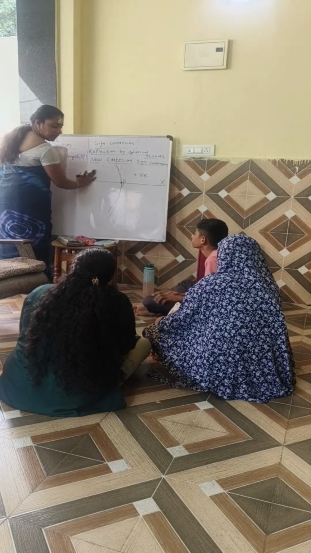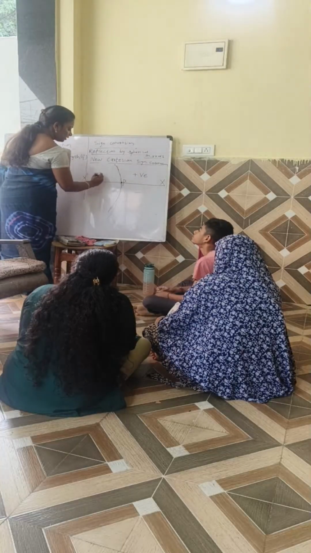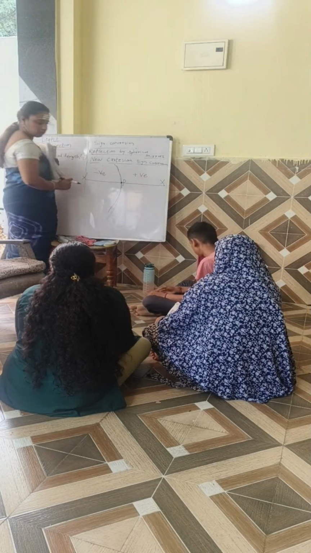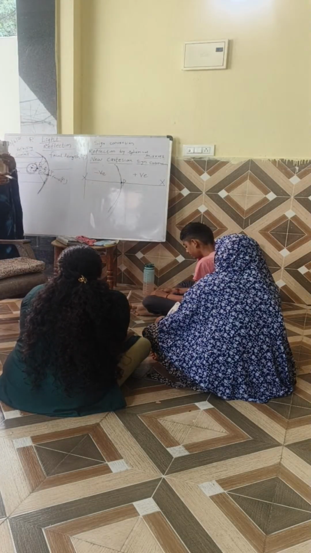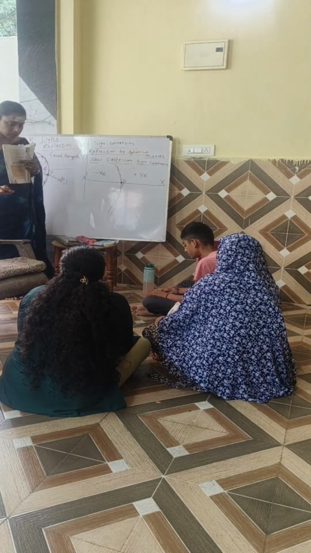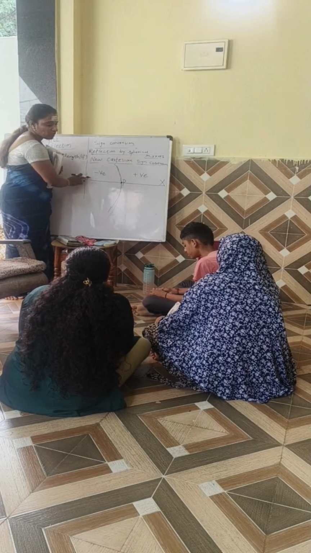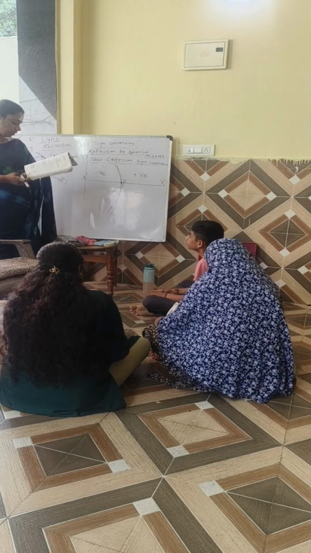This is the left hand side, this is the right hand side. Left hand side values are negative. From the origin, right hand side values are positive, and left hand side values are negative.